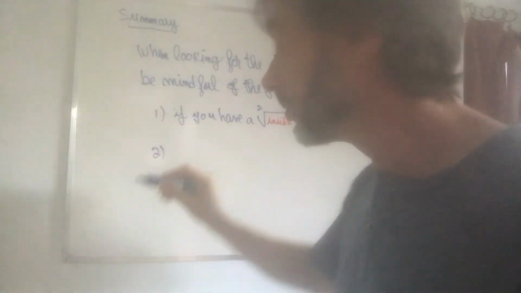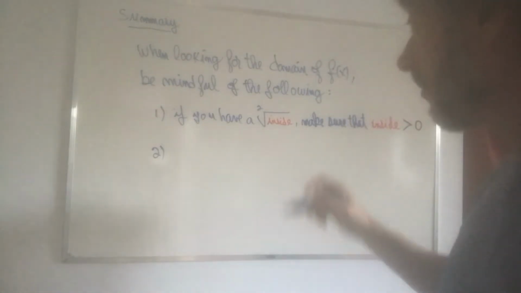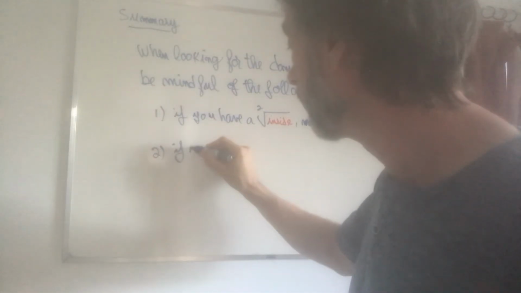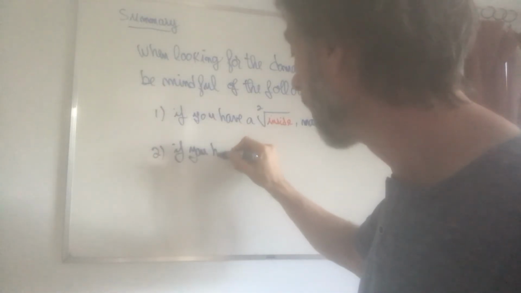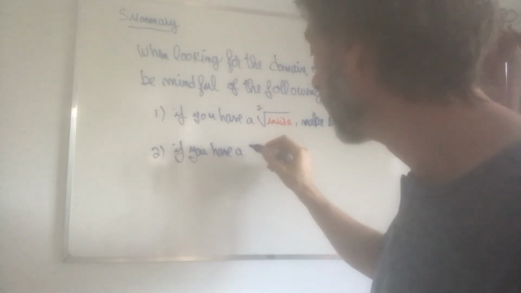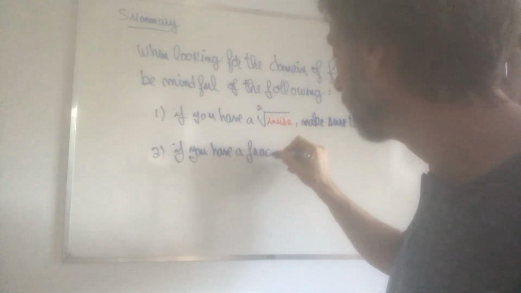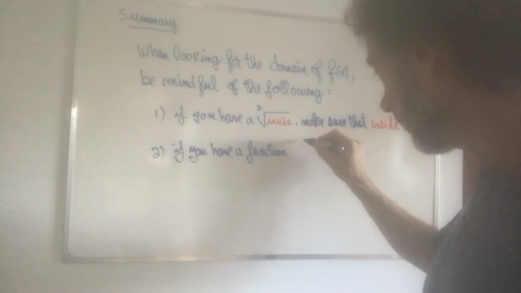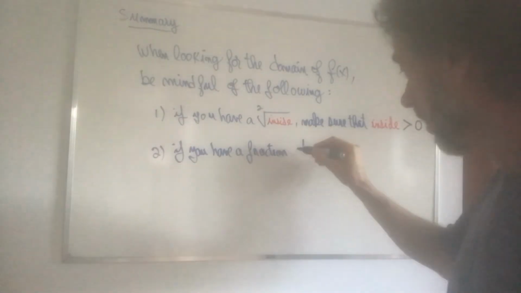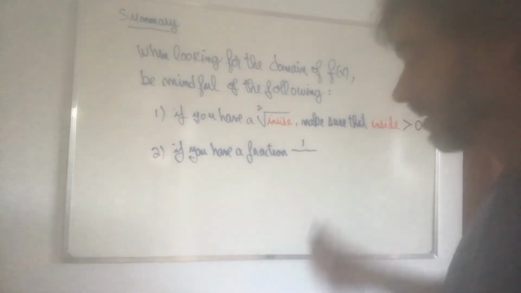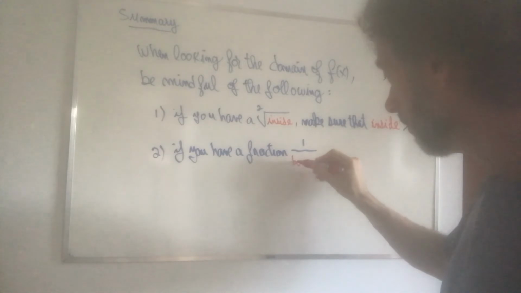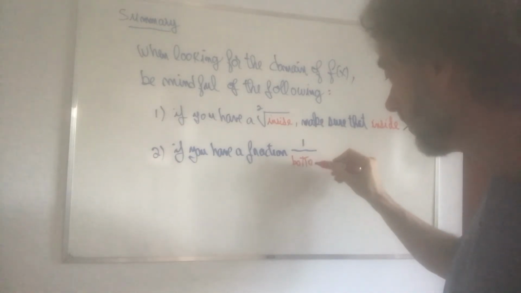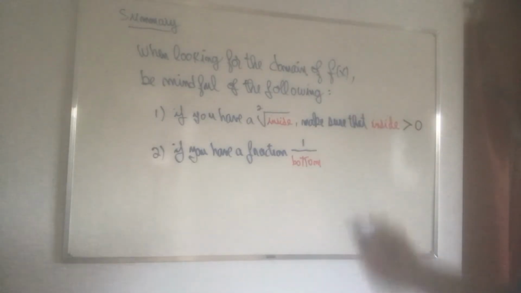Now, suppose you don't have a root, but you have a rational function. If you have a fraction of the type something, let's put just 1 for the sake of the argument, because what matters here is not the numerator, but the denominator. Let me call it the bottom of the fraction.